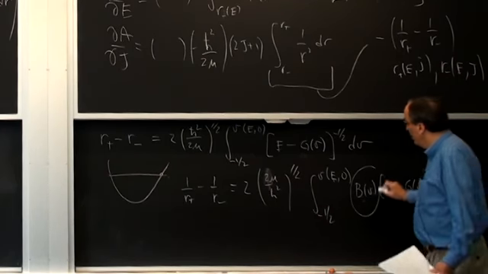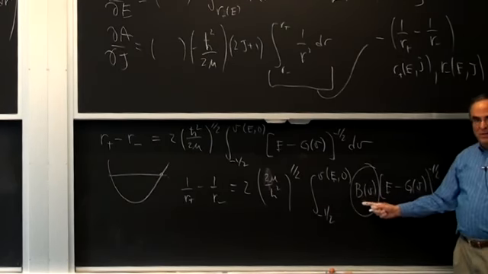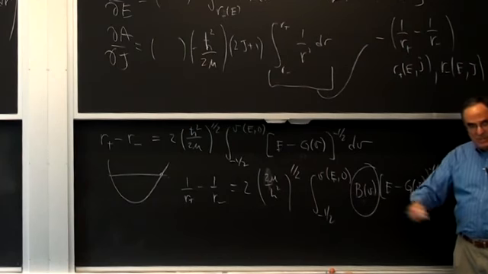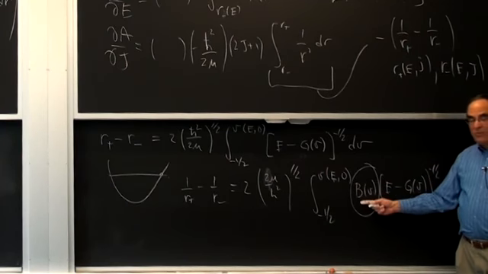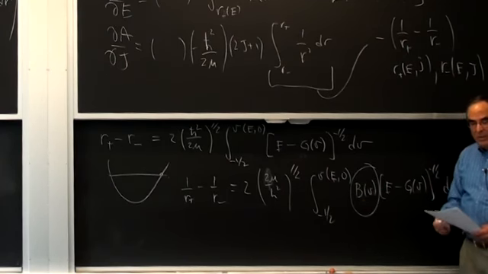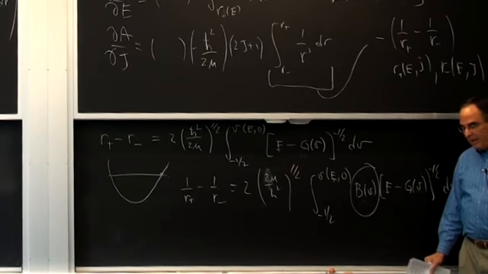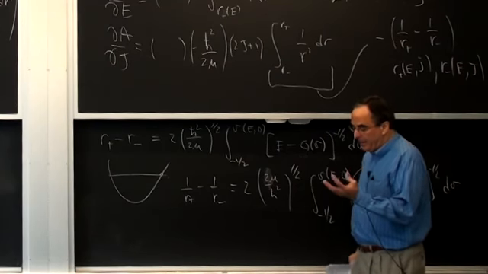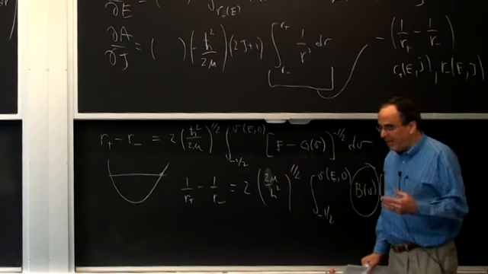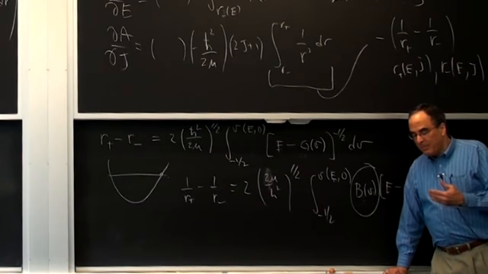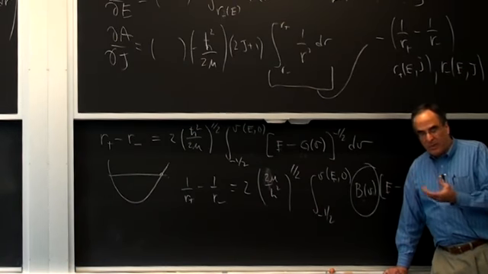Now this is why you can't even think about using this for polyatomic molecules, because this is the rotational constant for a one-dimensional oscillator, and for a polyatomic molecule you have 3 rotational constants. They're all a function of displacements. They're all affected in different ways by displacements along normal coordinates.